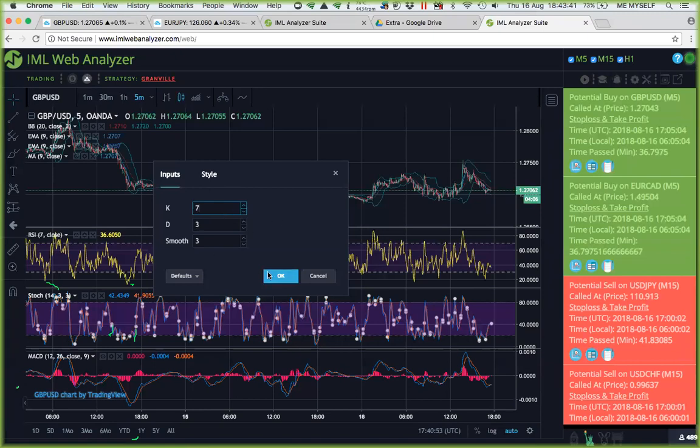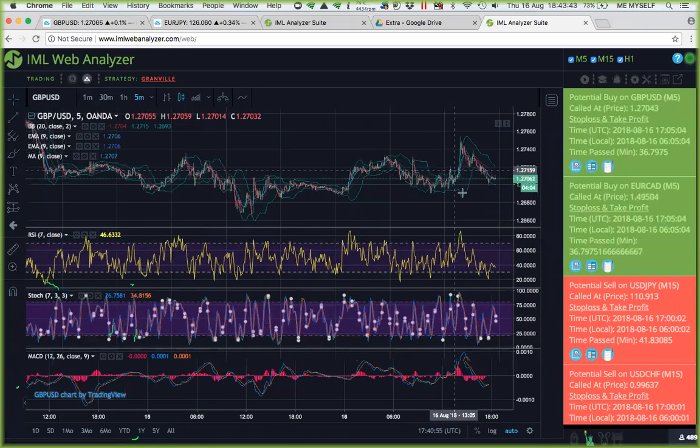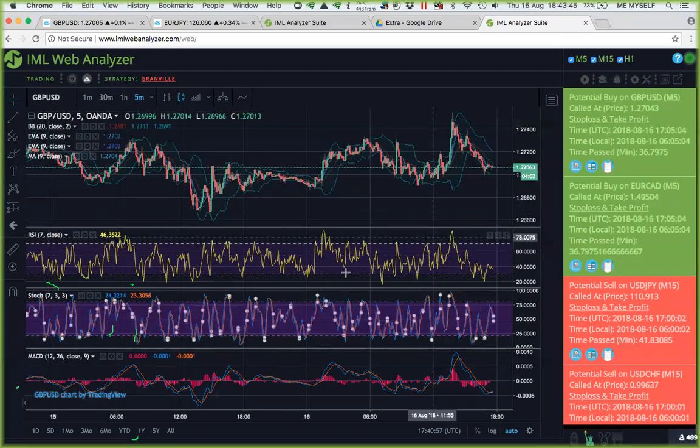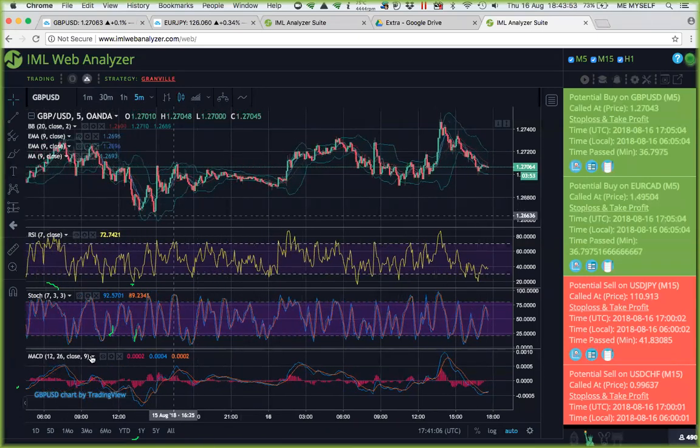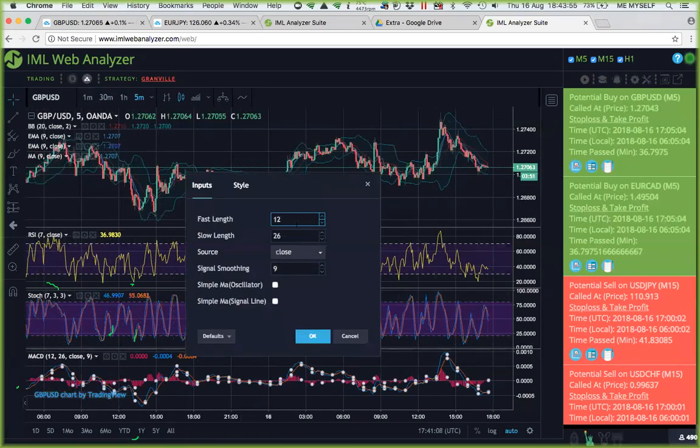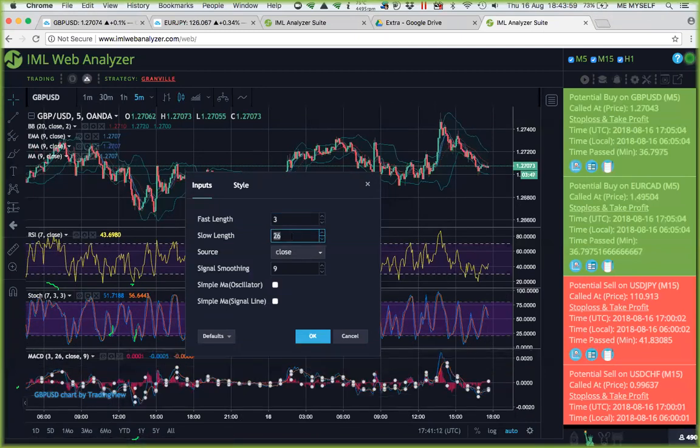All this does is look at the last 7 candles and plot this mathematical formula, so 7 candles based on the time frame that you're on. And this MACD I use as 3, 10, and 16.